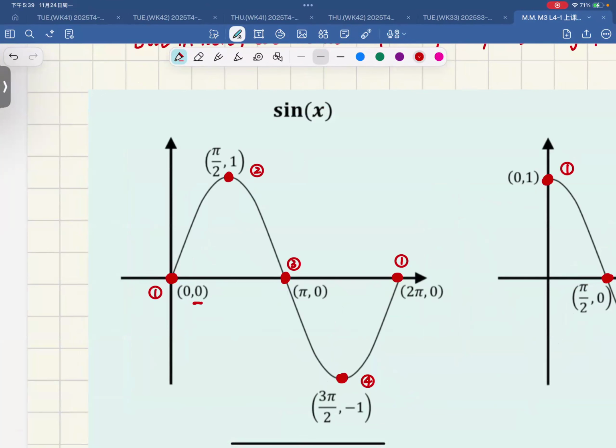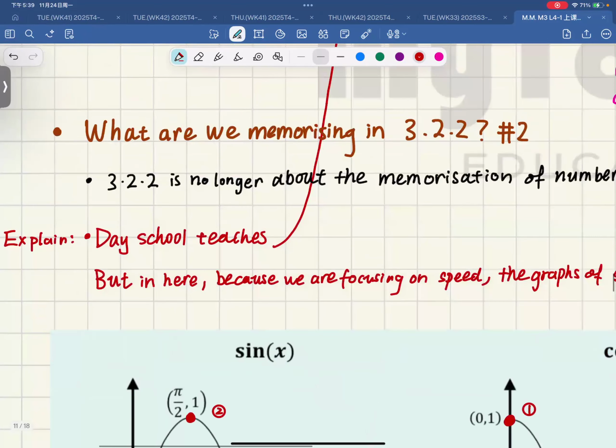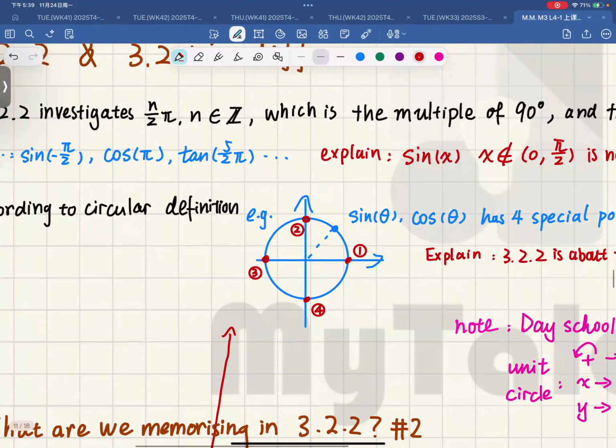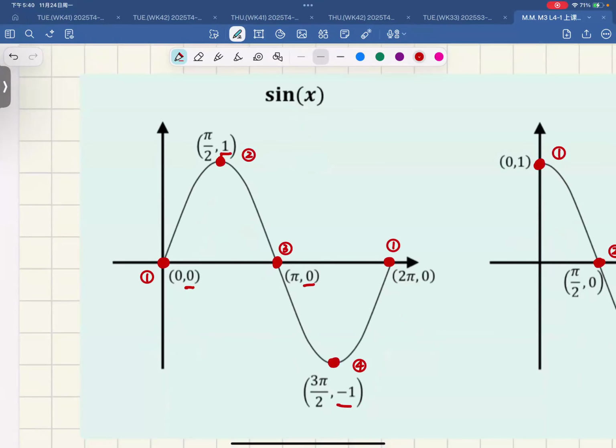At 90 degrees, which is position number 2, the y value, sine theta, is equal to 1. And then back to 0, -1, 0. All right, that's how we link the graph to the unit circle.